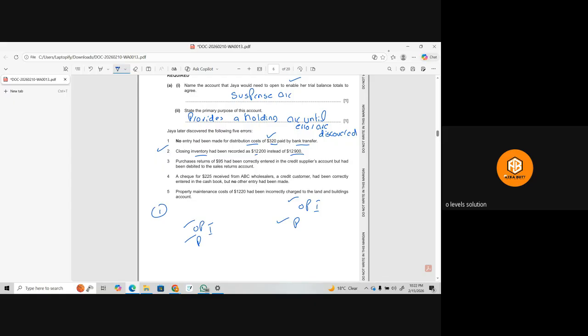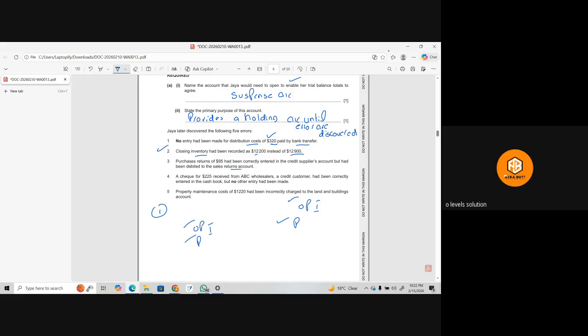Third one is that purchases return of $95 had been correctly entered. Have you understood the second error? Yes. Okay. Purchases returns of $95 had been correctly entered in the credit suppliers account, but had been debited to the sales return account.